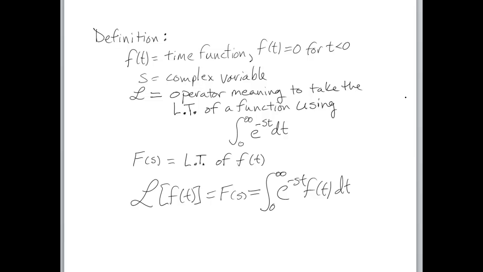So what it looks like to take the Laplace transform, you have this operator L operating on a function f of t, which gives you F of s, a complex function in the s domain. And you do this by integrating from 0 to infinity of e to the minus st times your function dt.